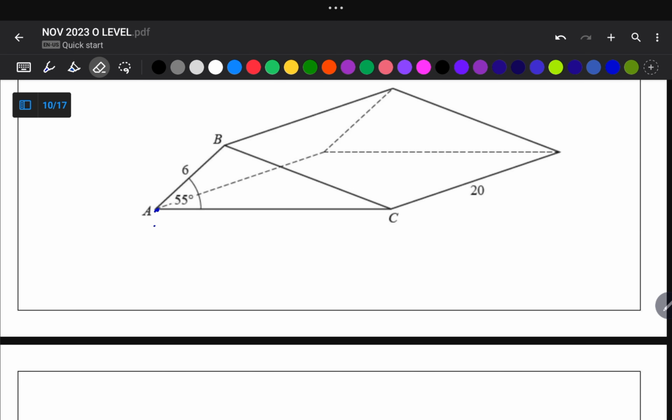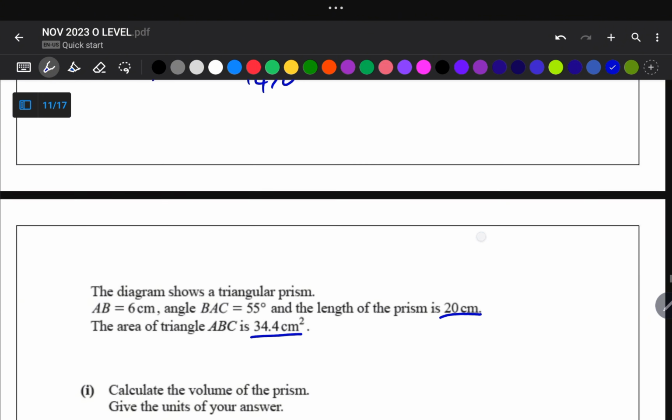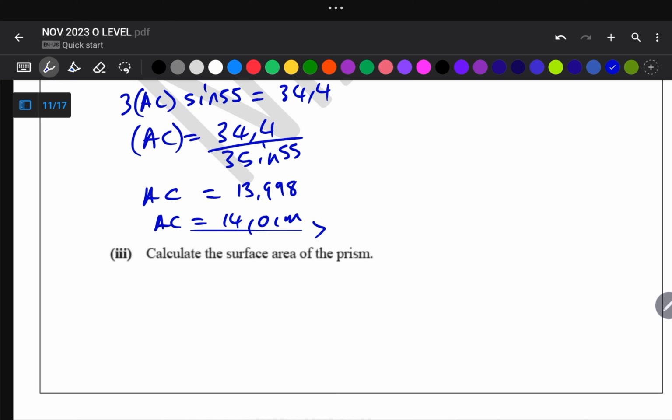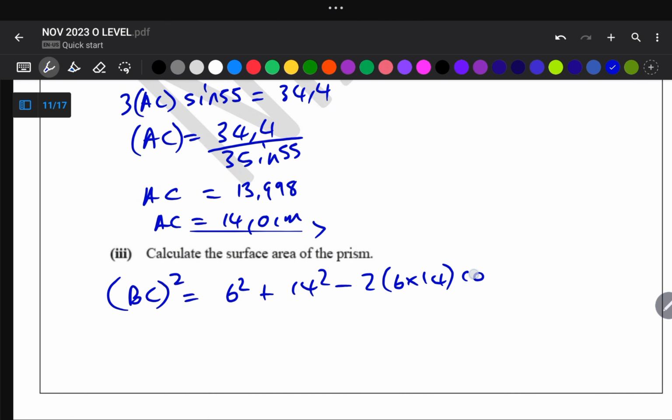For us to calculate the area of this side here, given that AC is equal to 14.0 centimeters and AB is equal to 6 centimeters, we can simply calculate our BC using our cosine rule. So BC squared is equal to 6 squared plus 14 squared minus 2 times 6 times 14 cosine 55.